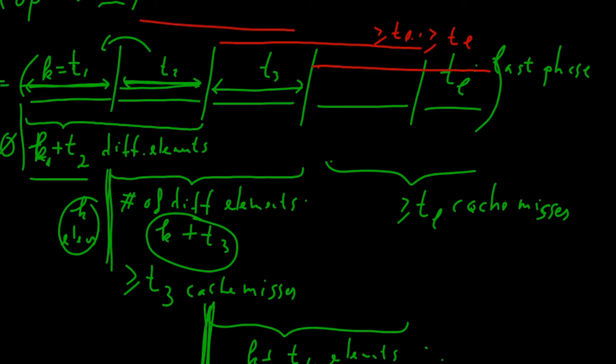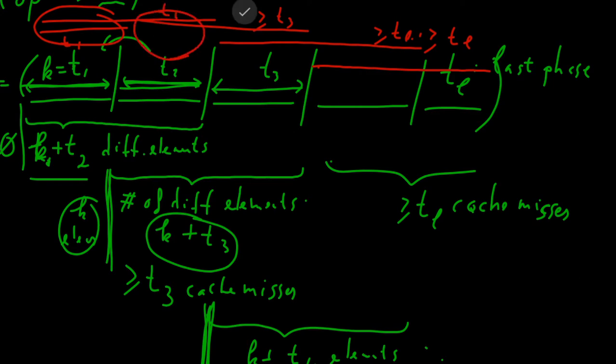For this part it's at least T3, and for this part it's at least T2, and of course for this part only it's equal to T1. So if I sum all of these red things, then I include the cost for a segment twice, right?